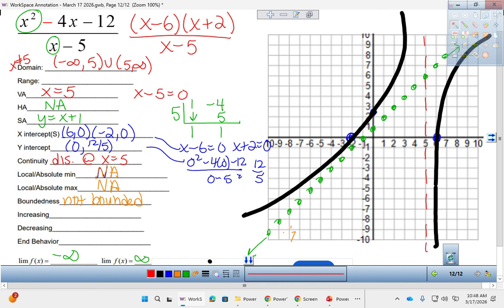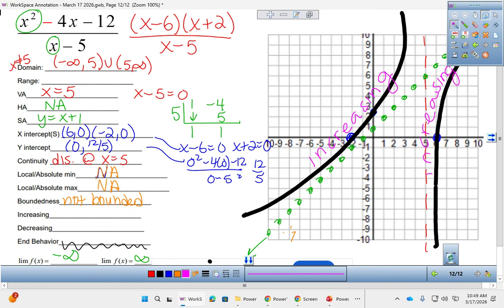All right, so there's this blank for end behavior that you're not writing anything in. So what do we have left? We have range, increasing, and decreasing. When I'm looking at increasing and decreasing here, think about starting at this part of the black line. This graph is going up, so this is an increasing interval. And if you start at this part of the black line, this part's going up too. So I have two increasing intervals. Which part of these intervals do I use when I'm writing increasing, decreasing?